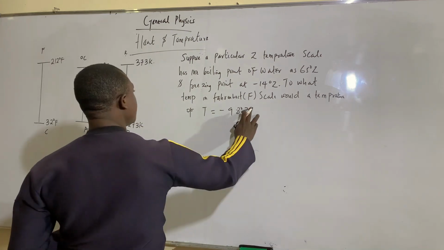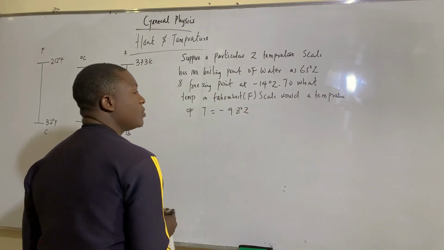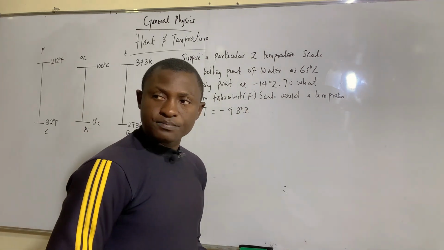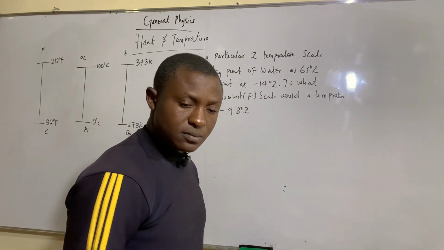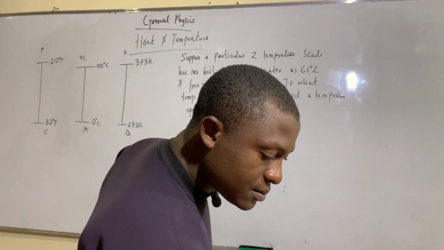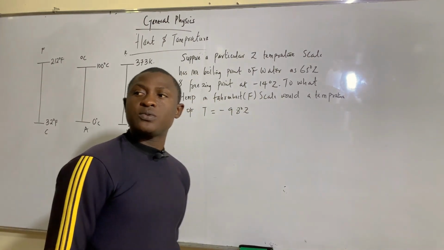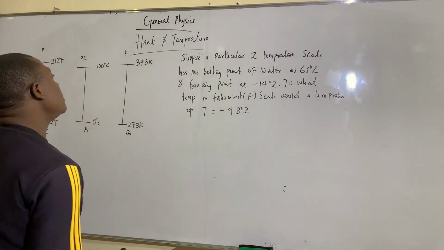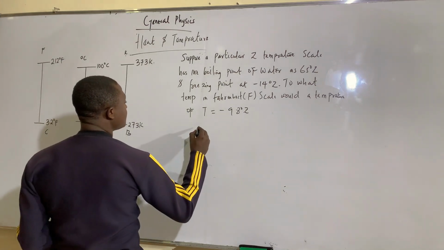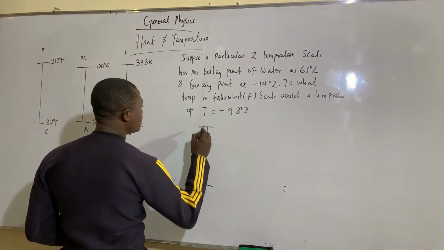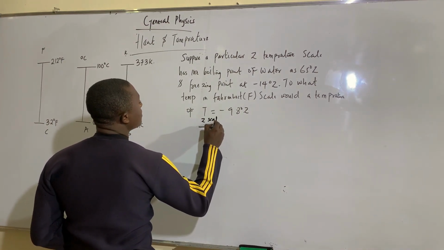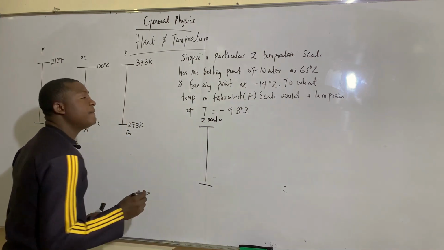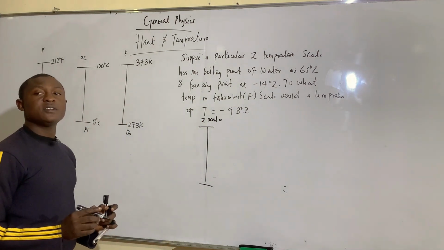So let's look at this together. This is another problem. It's simple and straightforward as well. They said, suppose a particular Z temperature scale. You know, here the scale they use here is the Z scale. Normally every temperature scale has its own standard unit.